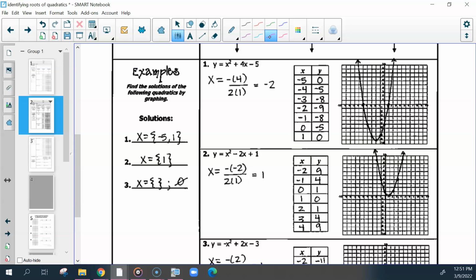If your table or your graph is incorrect, you can go back and fix that later. Really, you should have these solutions, but it's written in a weird way, so I'm going to fix it. So you should have these 2 solutions, negative 5, 0, and 1, 0.